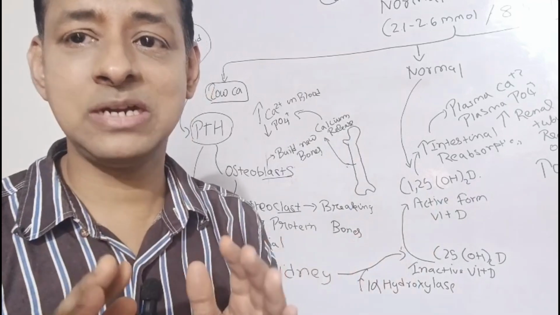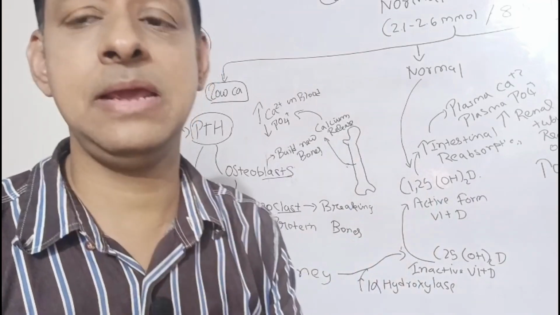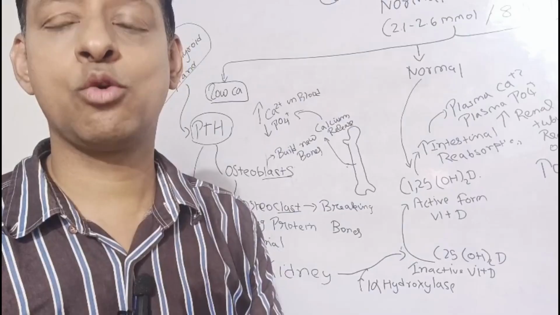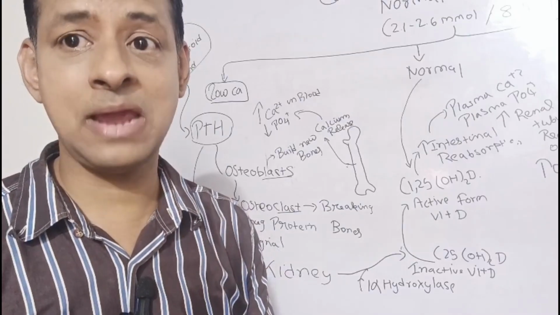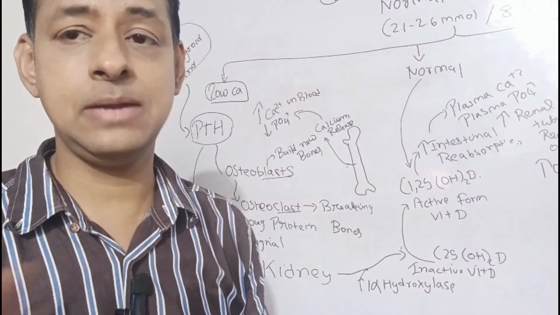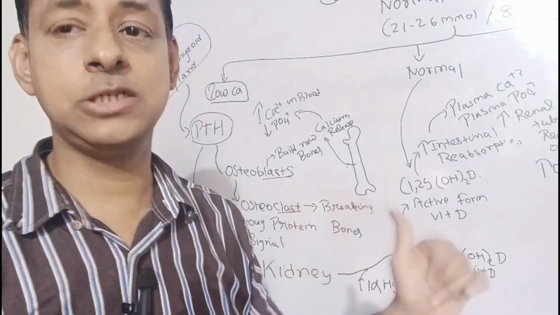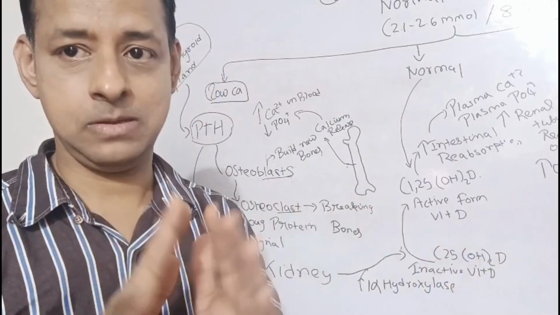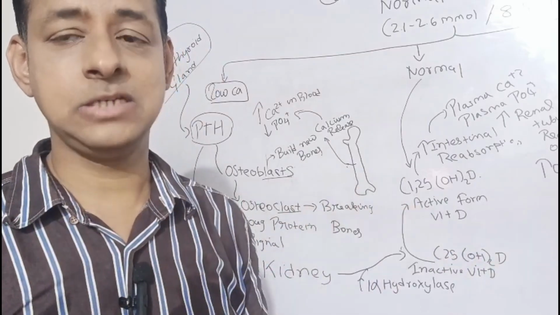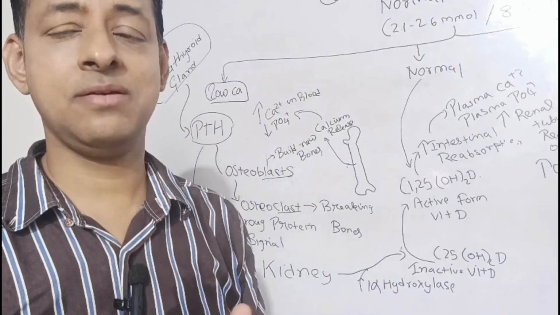Hrithik Roshan activates Sunehri in the kidney, and eventually through intestinal absorption, Sunehri travels from the kidney to the intestine. Thus she receives calcium and phosphate in the intestine through food.